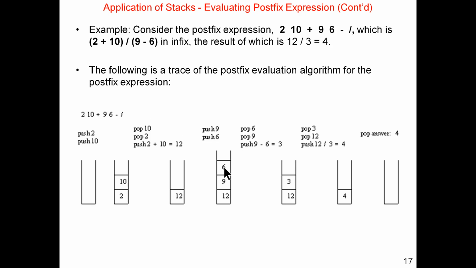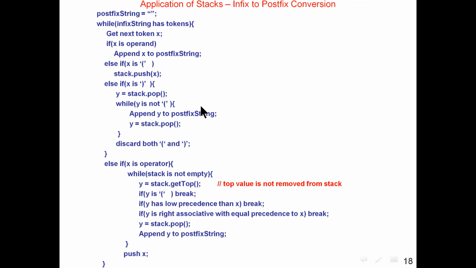So pop 6 first, then pop 9, then 9 minus 6 is 3, and push this 3 into the stack, now 3 and 12. The next operator is division, so pop 3, pop 12, 12 divided by 3 is 4, and the final answer in the stack is 4. This is how you evaluate a postfix expression using a stack.